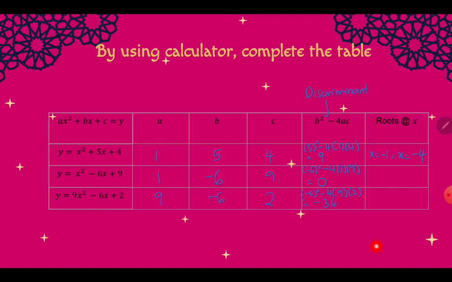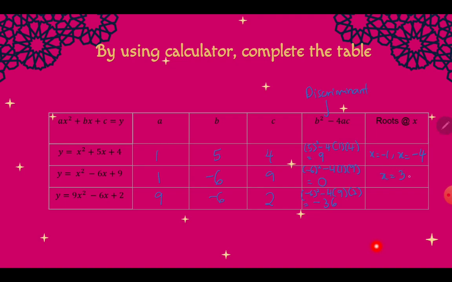However, for the second quadratic, which is y equals x squared minus 6x plus 9, by using the calculator we will have x equals 3.